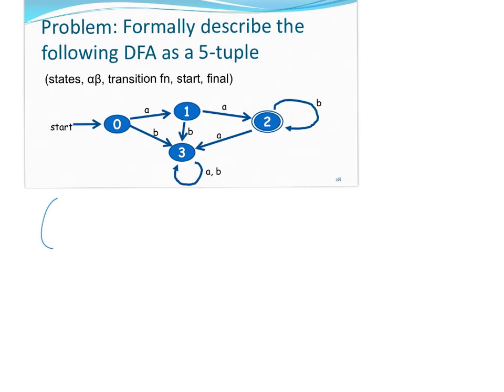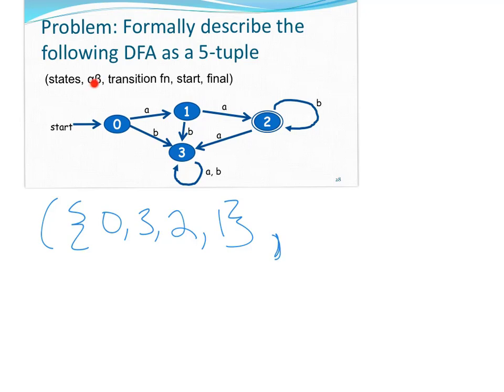A five-tuple starts with parentheses, and we start with the states, which is a set, and in this case, I have the states 0, 1, 2, and 3, and I can put them in any order, right, because this is a set. So notice I started with the open parenthesis because I have a five-tuple. The first element of my five-tuple is the set of states. Okay. Let's do a comma to show that we're going to the second element of my five-tuple now.